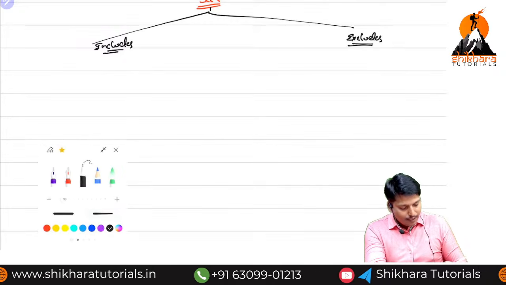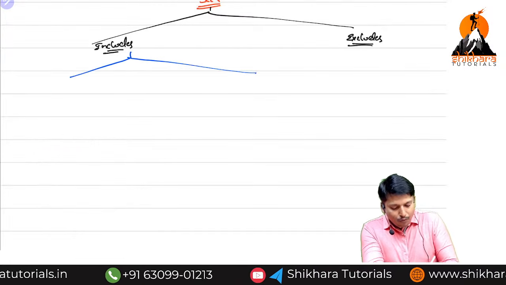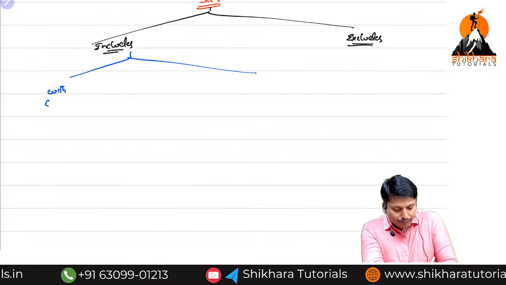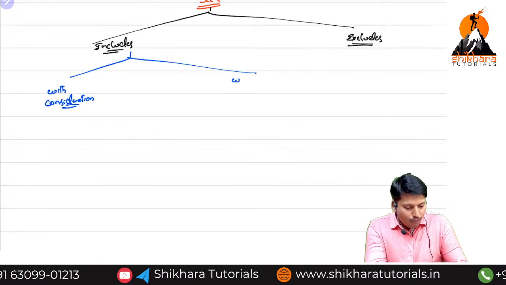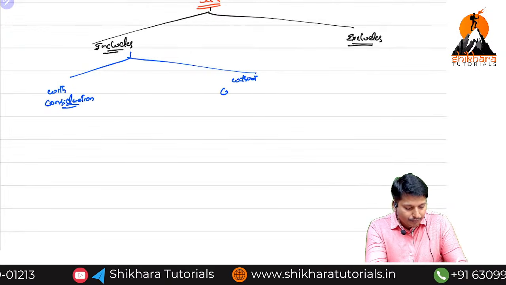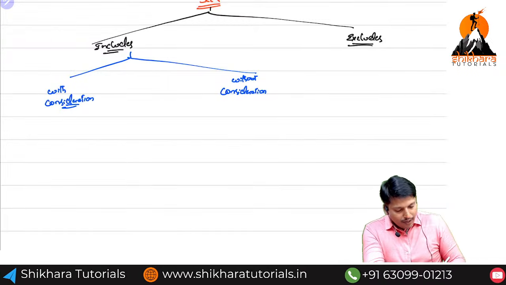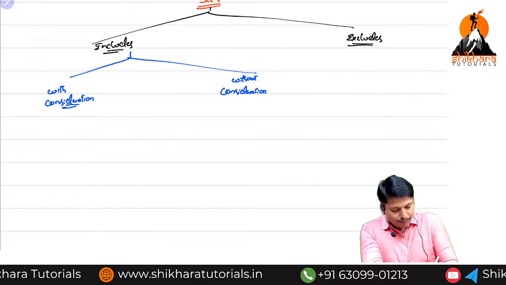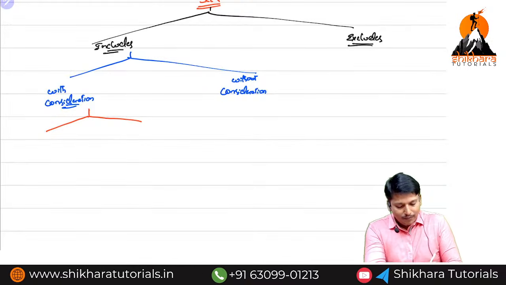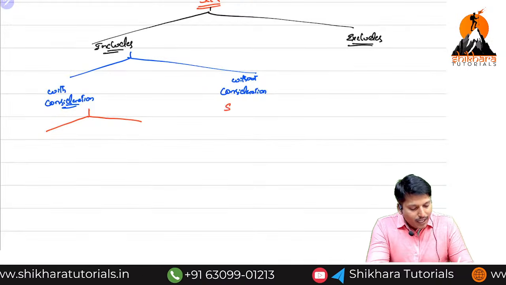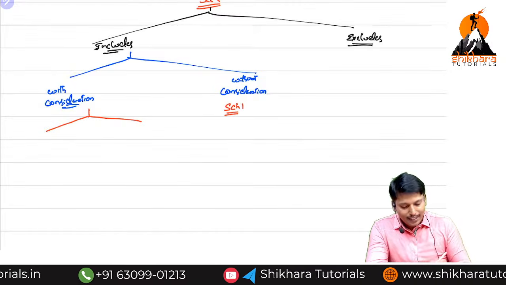Includes with consideration, without consideration. Now, with consideration, there are 2 points. Now, without consideration, schedule 1. Even without consideration, there is a supply.